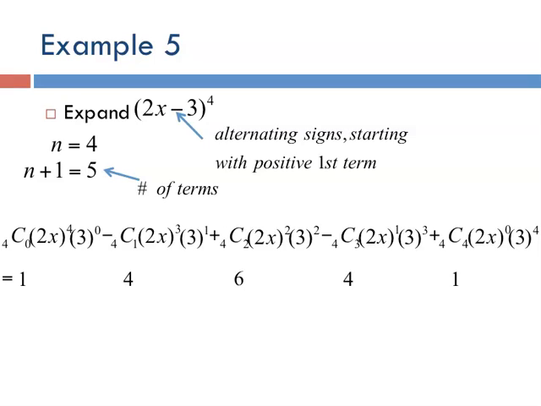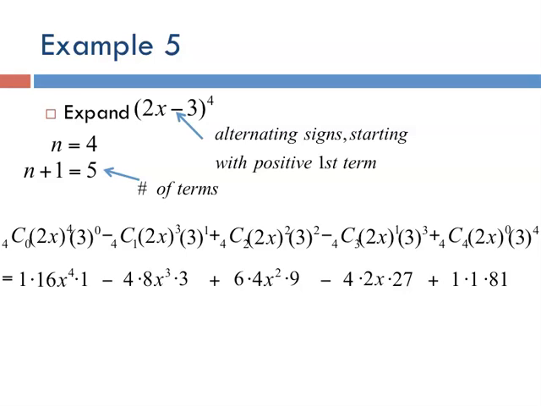And now we'll go ahead and simplify each of these exponents as much as we can. So 2x to the fourth is 16x to the fourth, 2x cubed is 8x cubed, 4x squared, 2x, and 1. Working with the 3, now we have 1, 3, 9, 27, 81. And then transfer the pluses and minuses and simplify as much as we can.